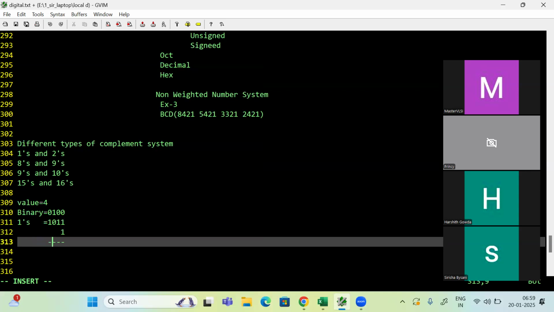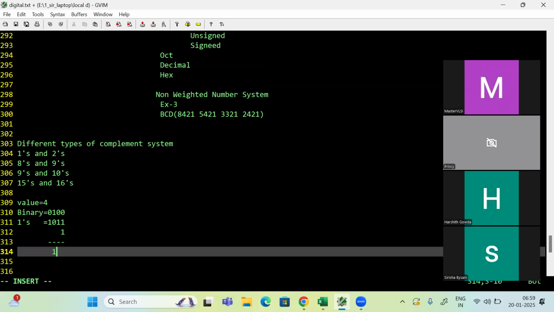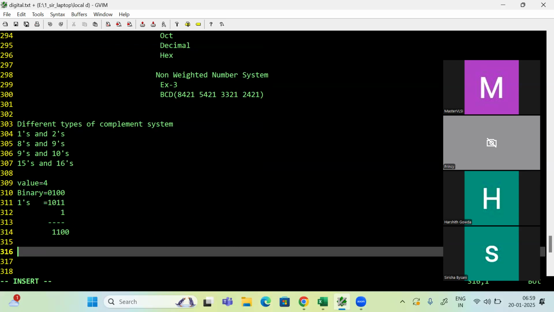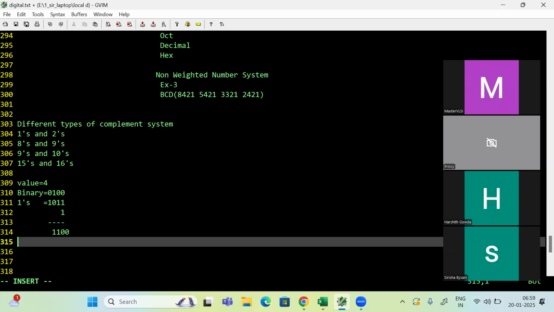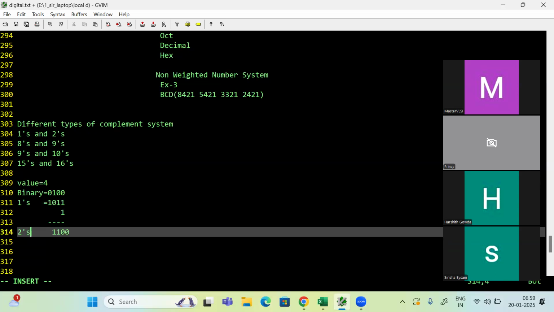Correct? 1100. Yes, sir. Okay, can anyone tell me how you will do two's complement?